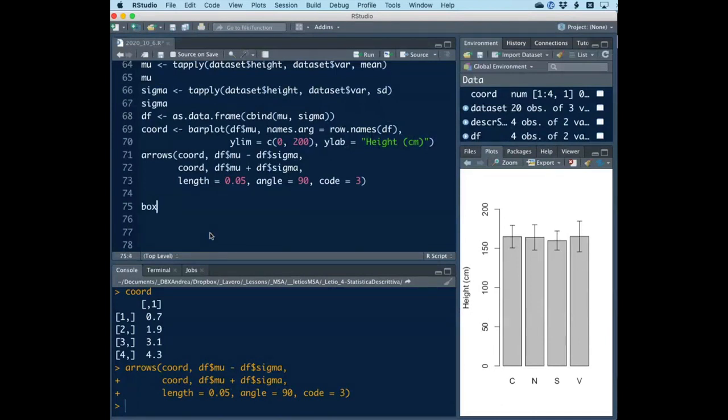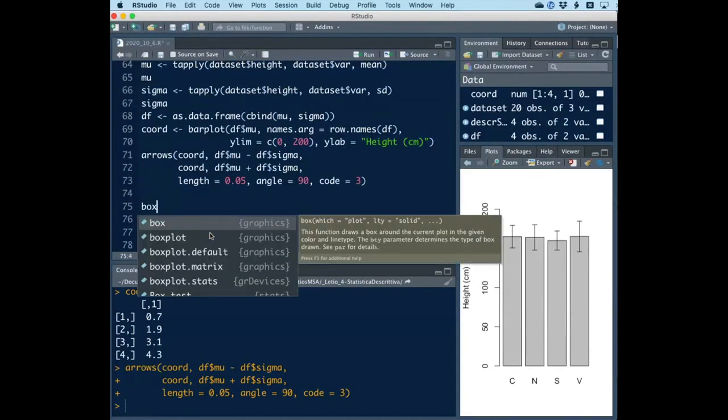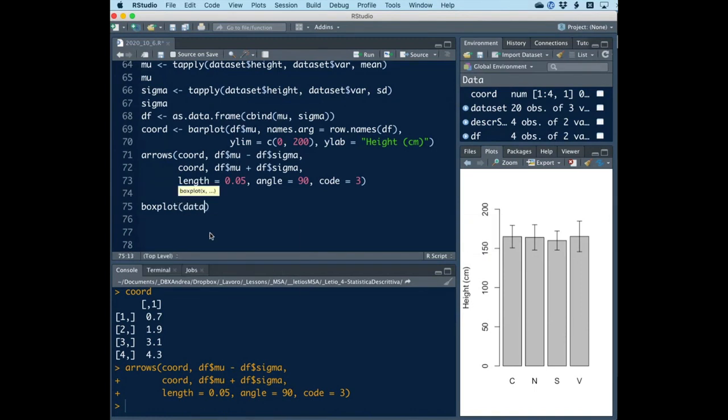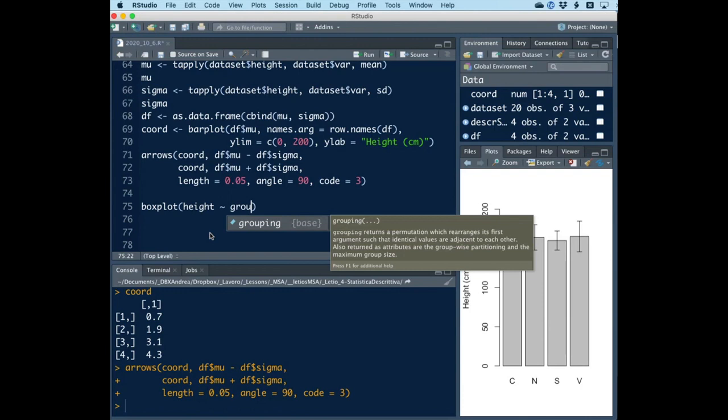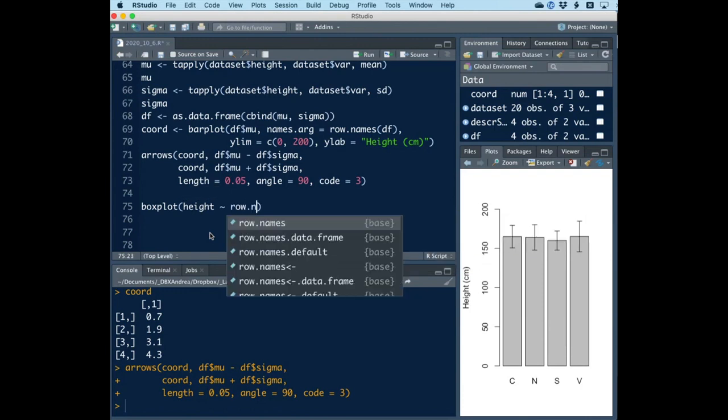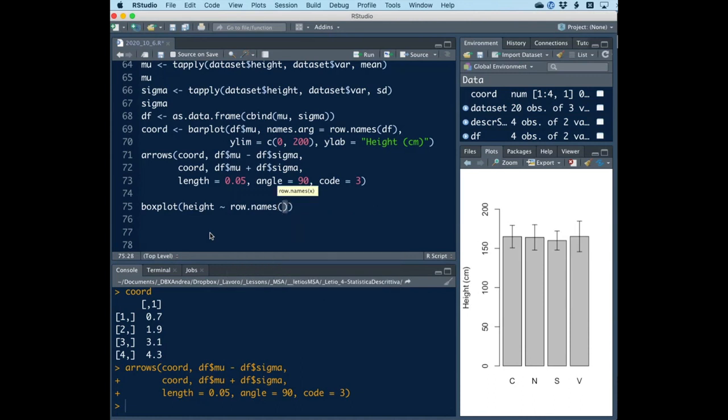It's something like this: boxplot, data set. Now we can do something different, I guess, here. So just put height against groups, against row names, df. Let me see whether this works.